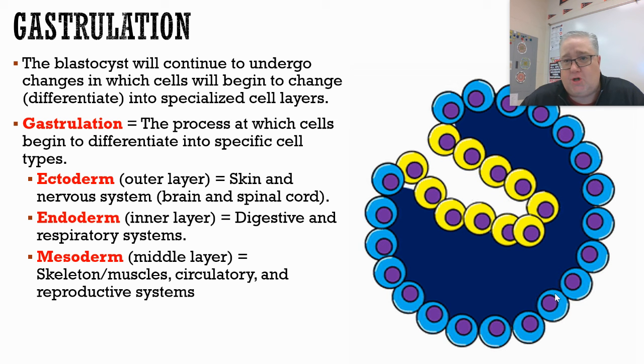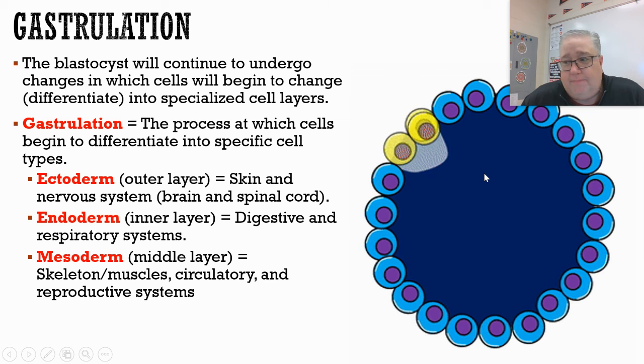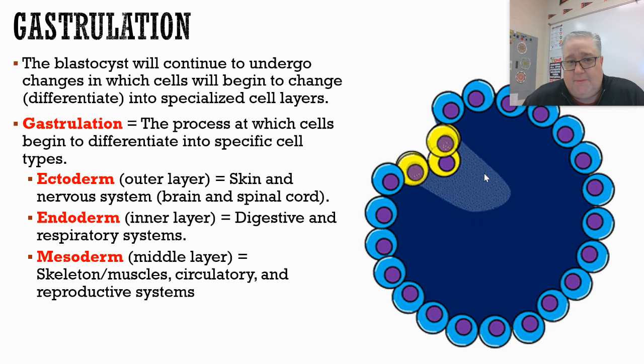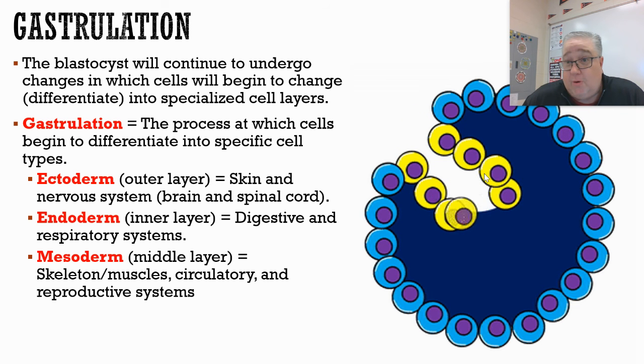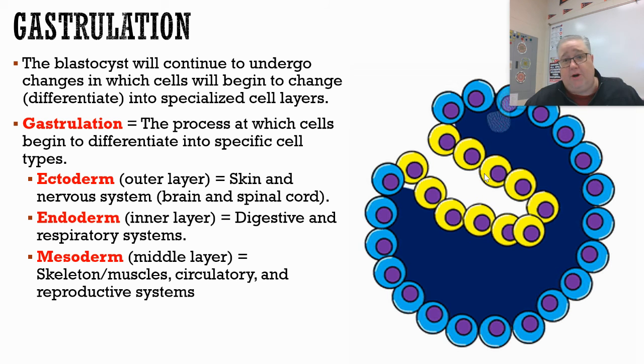Those cells will eventually become the skin and the nervous system, basically the brain and the spinal cord. The inner layer, this yellow layer here, is called the endoderm, and those cells eventually become the digestive system and the respiratory system of the baby. And then we have the mesoderm, which is these reddish and purple colored cells.